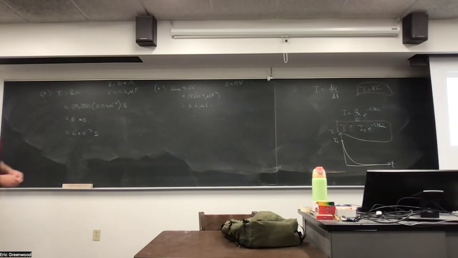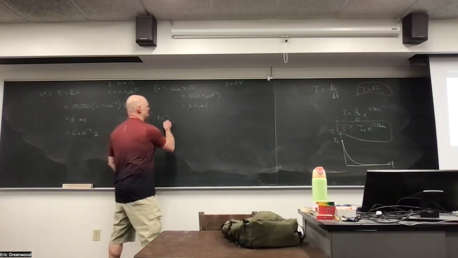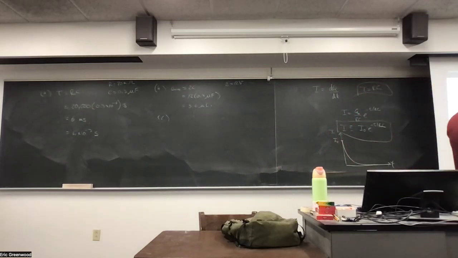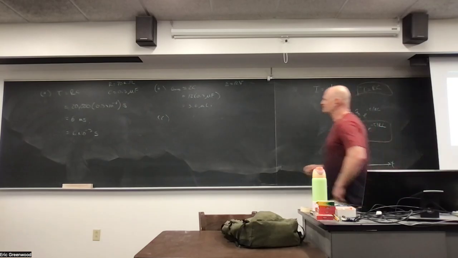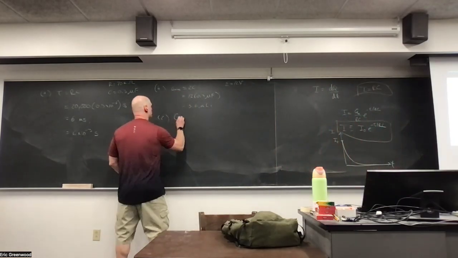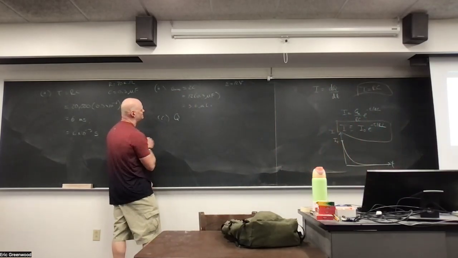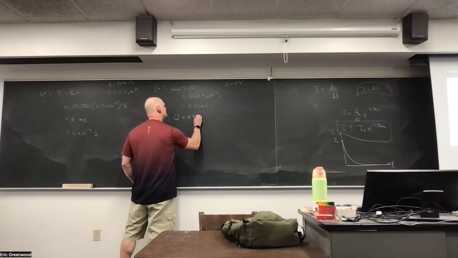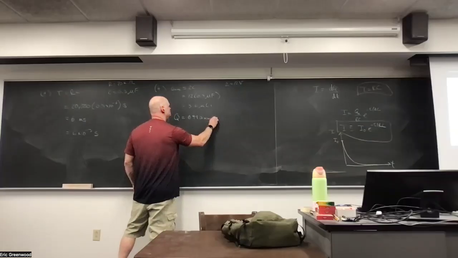We're doing okay. Part C then simply says the time it takes to reach 99% of the charge. So what we want is that Q is equal to 0.99 times Q max.